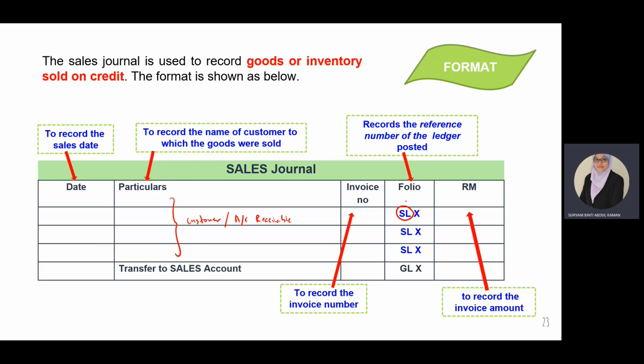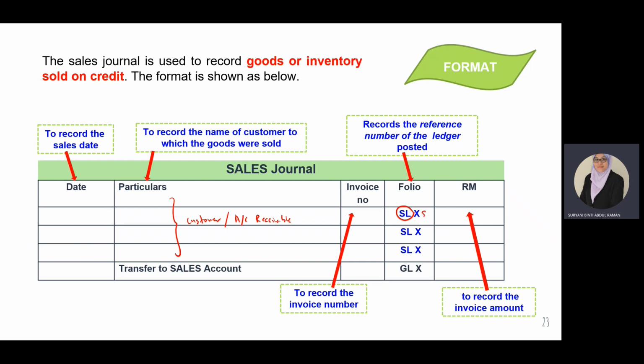So accounts receivable are accounts recorded in the sales ledger. Again, okay, we use the reference number, and since it is recorded in the sales ledger, so the code that we use is SL. And if you have more than one, you have to put the number.